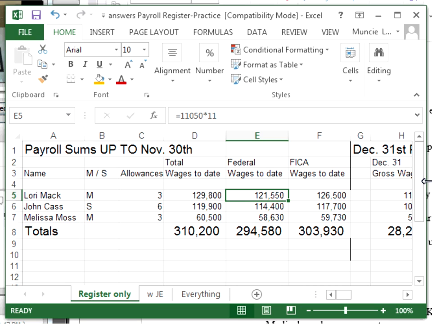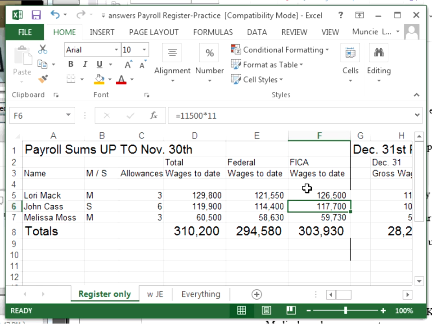So if I take $11,800 and subtract out $450, and then subtract out $300, I'm left here with this $11,050 taxable federal wages every month, assuming nothing changes with my pay. So I can simply multiply that by the last 11 months, which tells me how much I've made thus far for federal purposes.